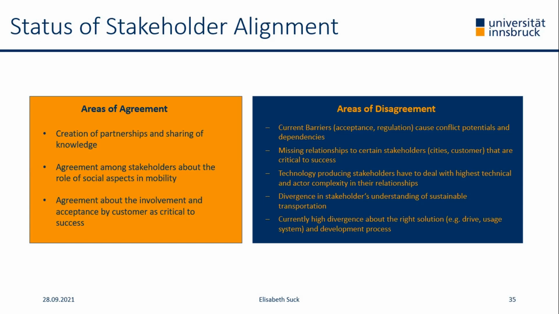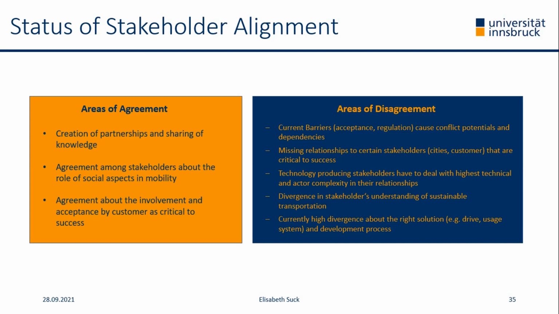Then we have the agreement that the social aspects, such as inclusiveness and safety, are key with ACES, and we really have the potential to improve this. It was also often mentioned that stakeholders wish to involve the customers, and that it is critical to get their acceptance for success and also for market success and further development of the concept.